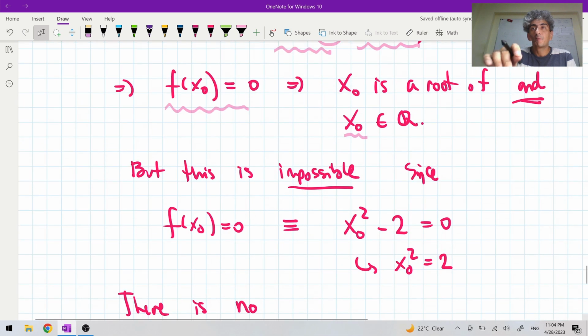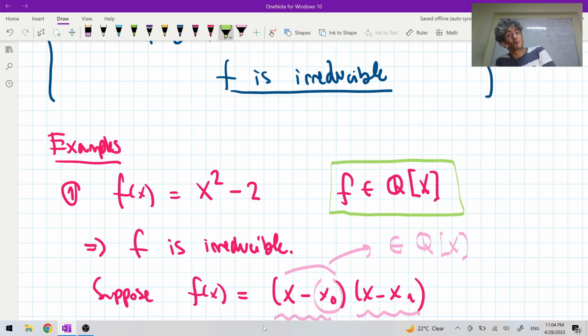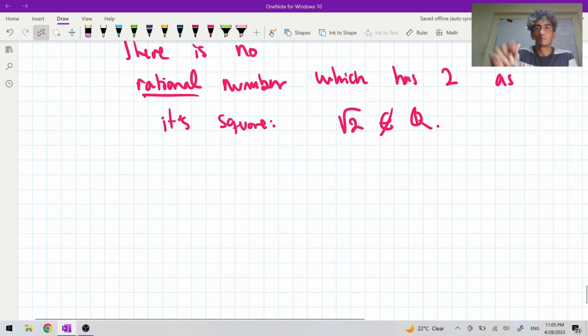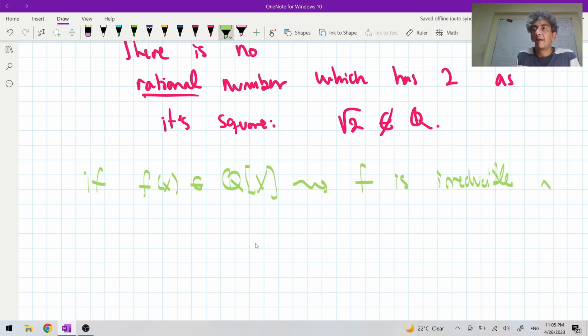So if we look at this polynomial as a polynomial with coefficients in q, this polynomial is irreducible and has no roots. So if we take a look at this polynomial belonging to q of x, then we get that f is irreducible and f has no roots in q.